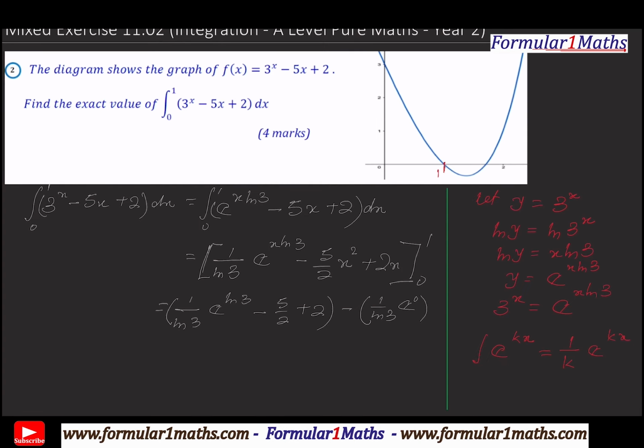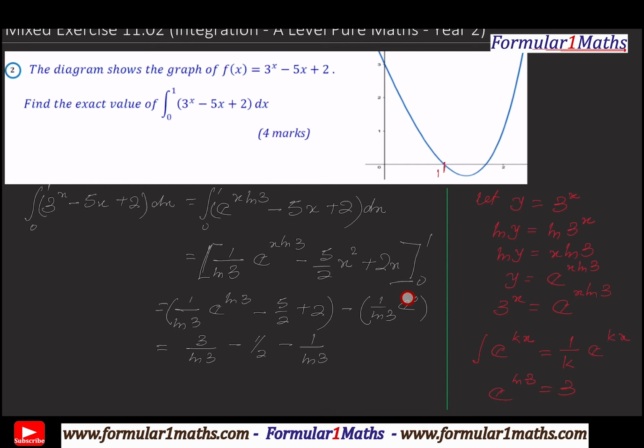So we are left with this. We also know that e to the power ln 3 is equal to 3. So the whole of that becomes 3, and therefore we have 3 over ln 3 minus a half, because minus 2.5 plus 2 will be minus a half, minus 1 over ln 3.